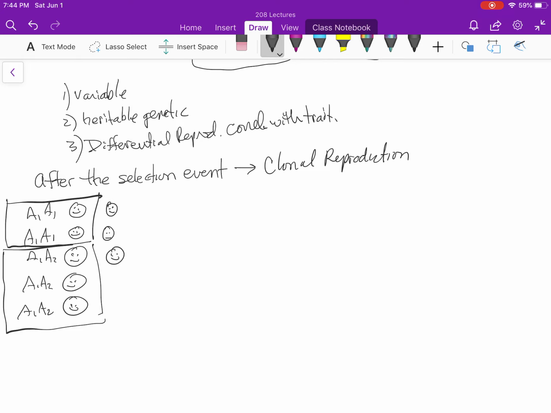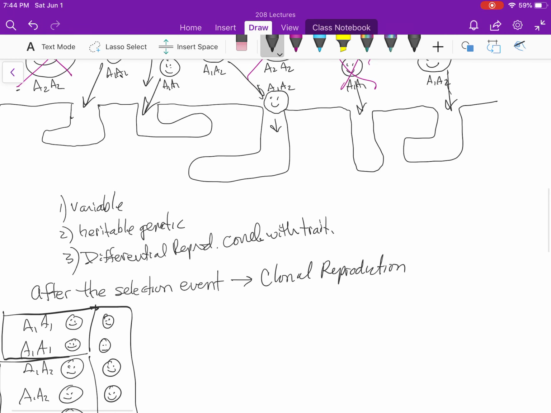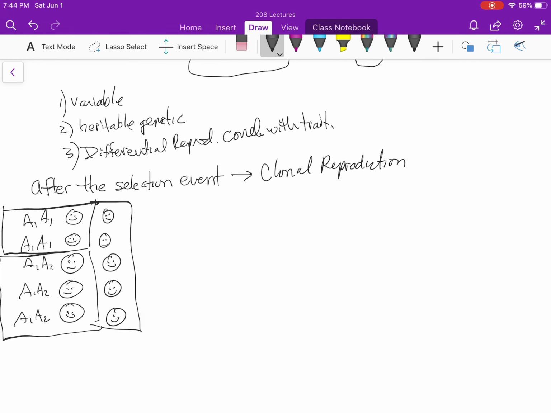Now in most eukaryotic organisms, we would have some kind of a sexual recombination there, but not today. So now we have this new population where there's now the same number of individuals as we began with up here before our selective event. And now we're going to count the frequency of the alleles in this case.